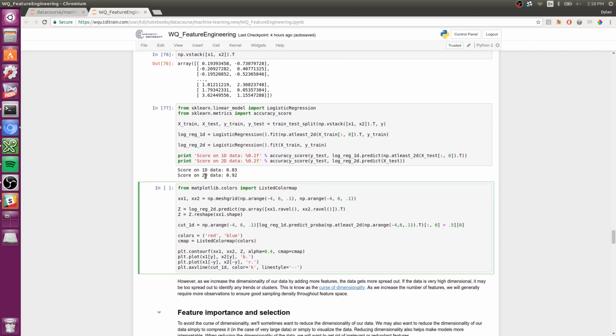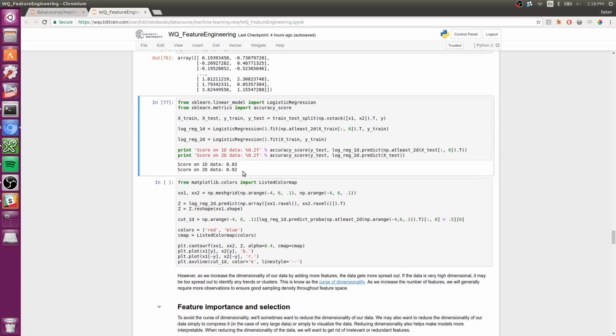And we see that the logistic regressor that was trained on the two-dimensional data more accurately predicts which class new data points belong to than the logistic regressor trained on just the one-dimensional data.